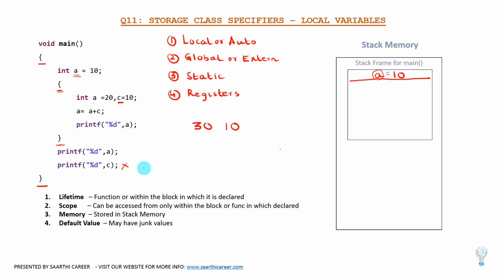But for clarity of understanding, we went and solved this question to just help you understand how all these variables will behave. So the final answer to this question is compilation error.